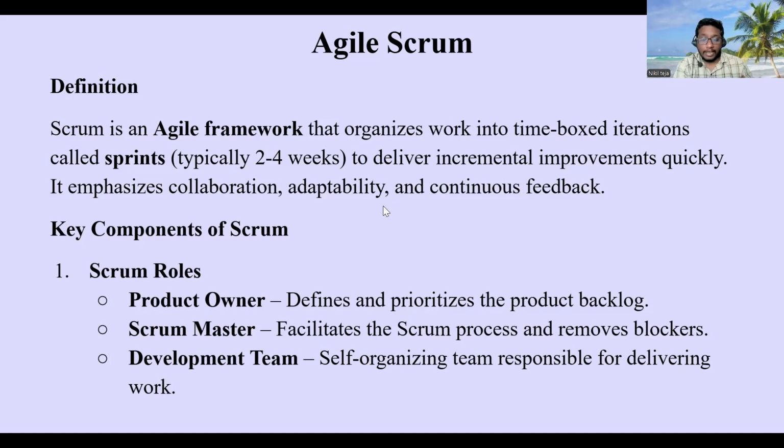Ideally, in software companies, as I worked in a Scrum methodology in my first company, actually I have worked in only one company. So in that company, I worked in sprints which lasted around 2 to 3 weeks. But typically it will be between 2 to 4 weeks to deliver incremental improvements, right?